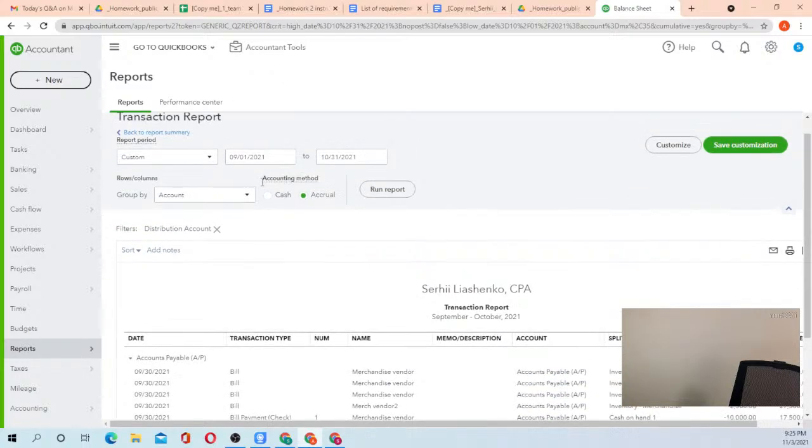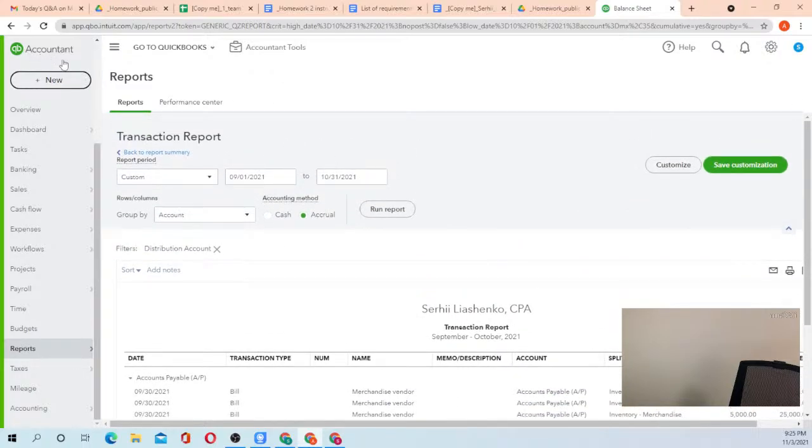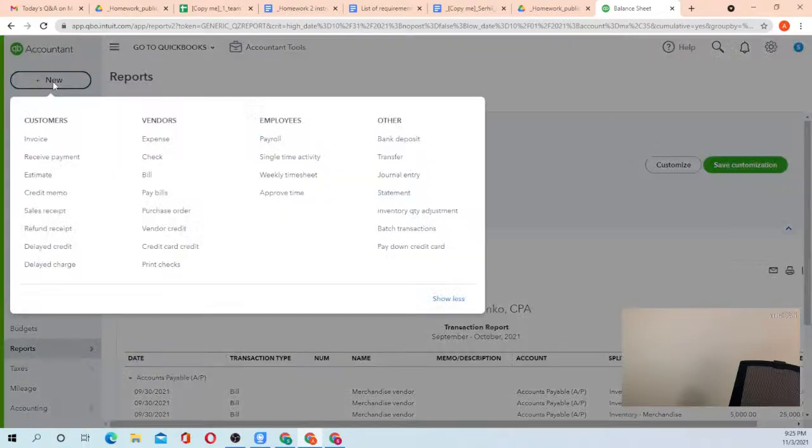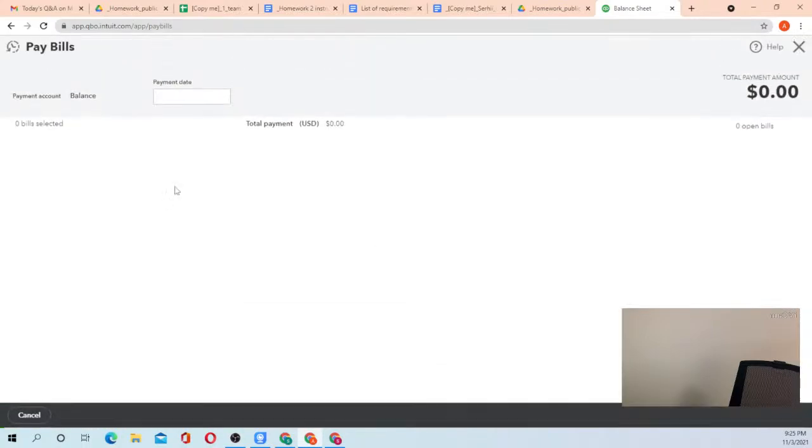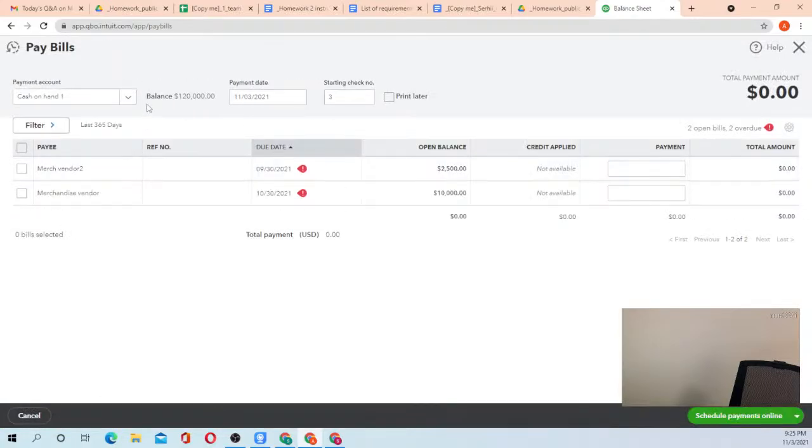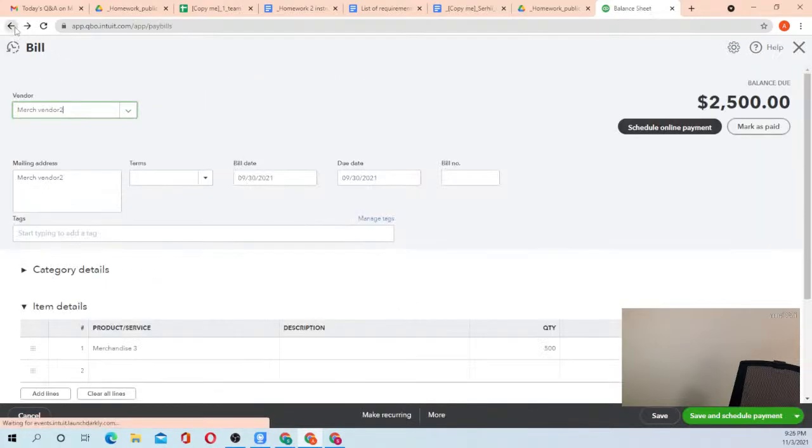Let's see what happens if we just pay some bills. Let's go here, pay bills. We have two bills here, and you might see that both of them are kind of overdue.